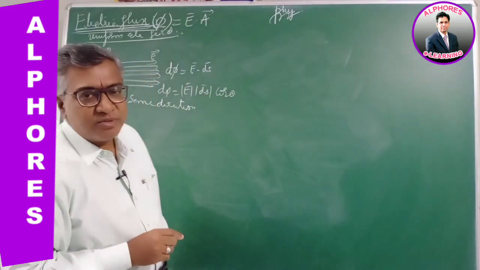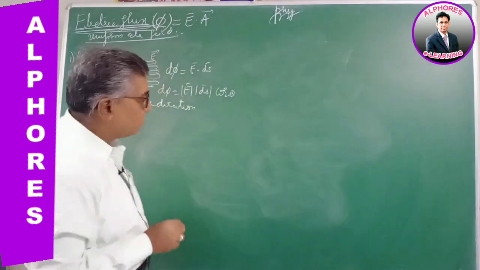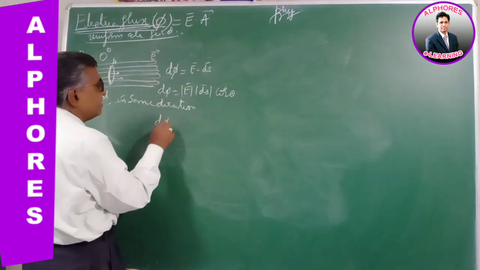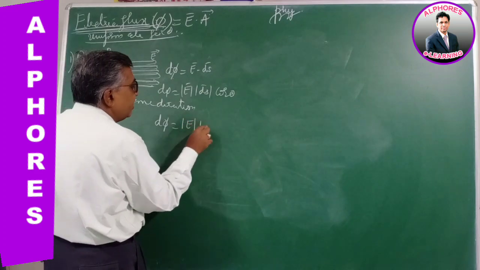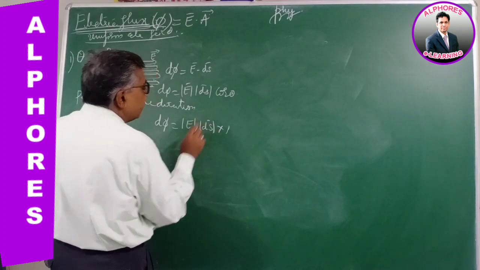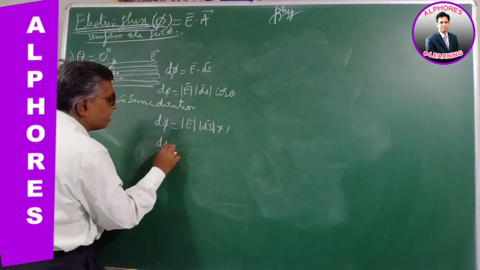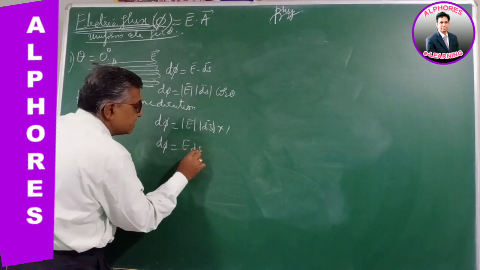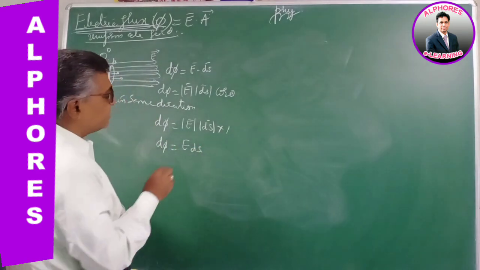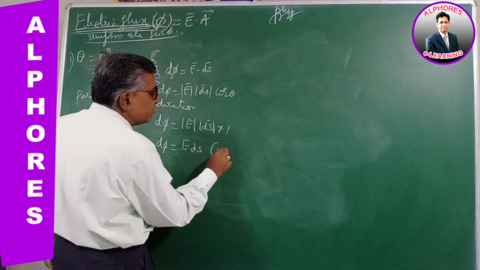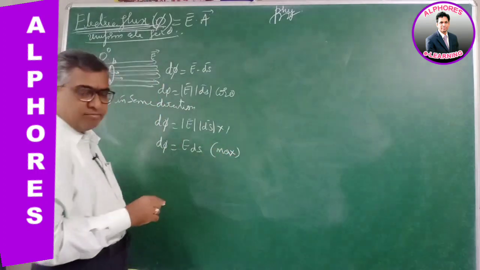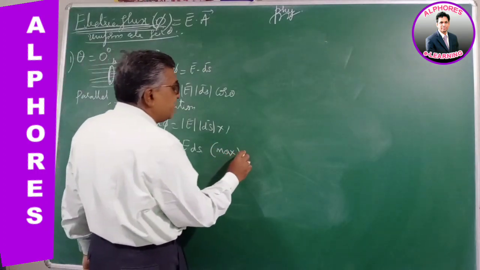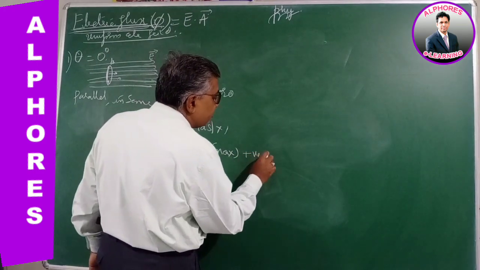According to trigonometry cos 0 is 1. So d phi is equal to mod E mod ds into 1, therefore d phi is simply E ds. This is the maximum flux, and it is considered to be positive flux.